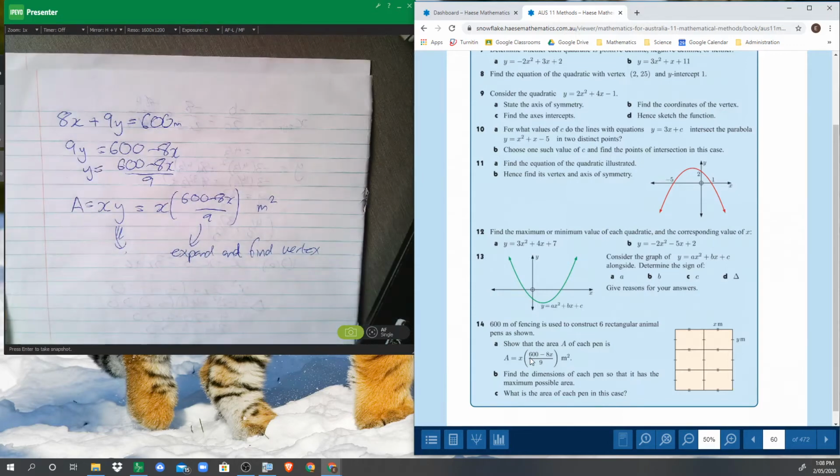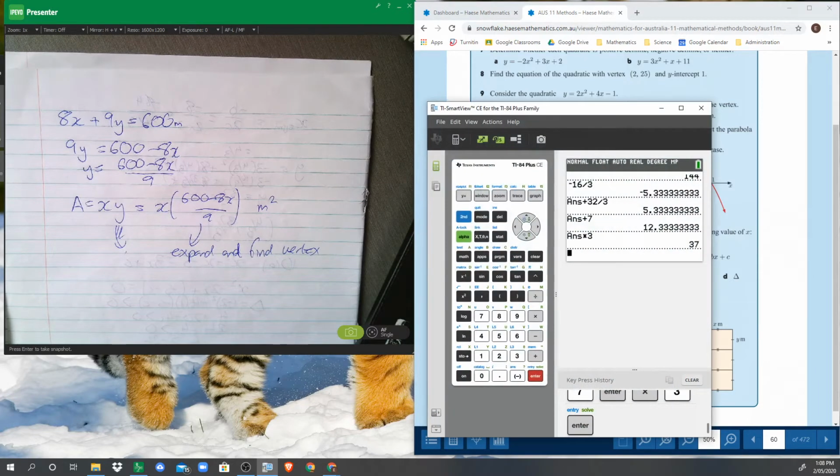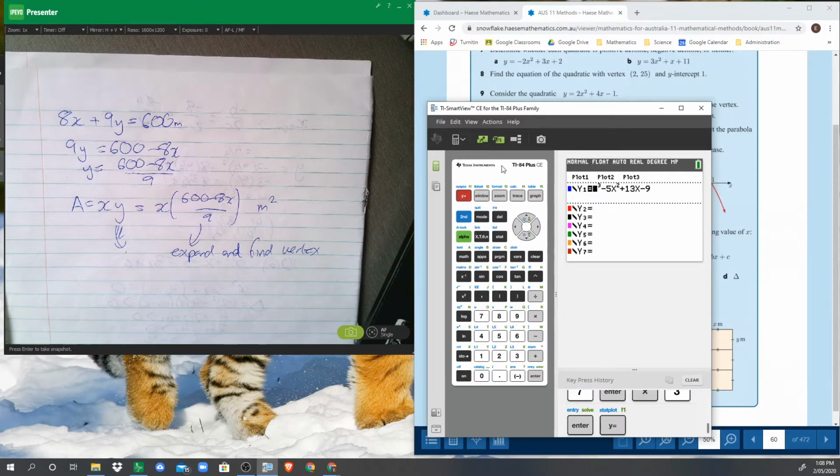You might find this a bit messy with the numbers, so I'm just going to do this with technology. Let's pull up the graphics calculator again. I'll go to the graph section, Y, and delete that. I'll press clear.